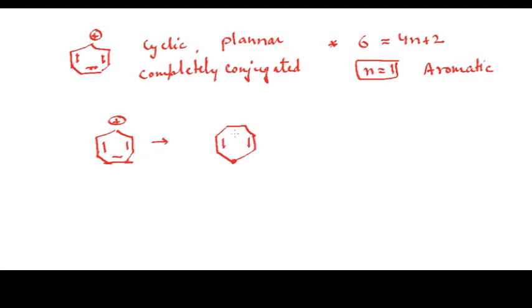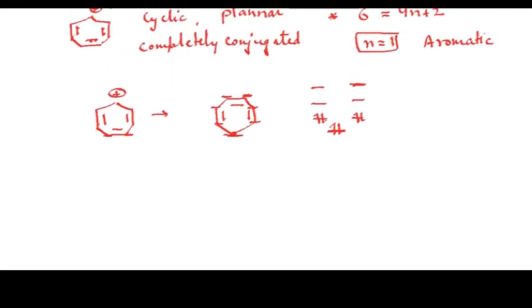Yes, now you can see we have one orbital here and two orbitals here. Then we have two orbitals here, and then two orbitals here. So this is the MOT diagram for this molecule. Now we need to fill 6 electrons, which means again it comes out to be diamagnetic. So you can see every time aromatic molecules are coming out to be diamagnetic.